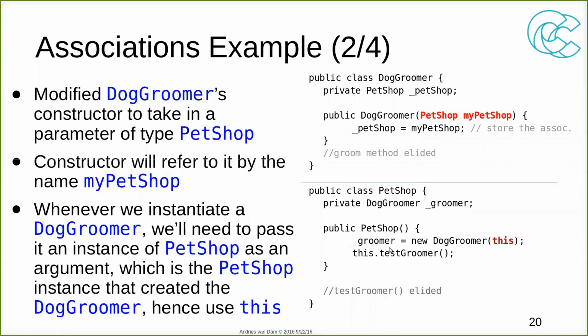So are there any other questions? Sir, if we access the static members of the class pet shop inside dog groomer without even creating an object of pet shop, then will it still be association? So generally it's not considered a good practice, like I said.